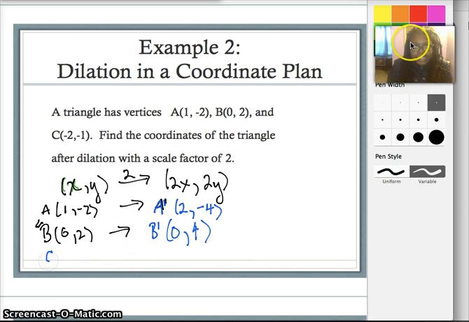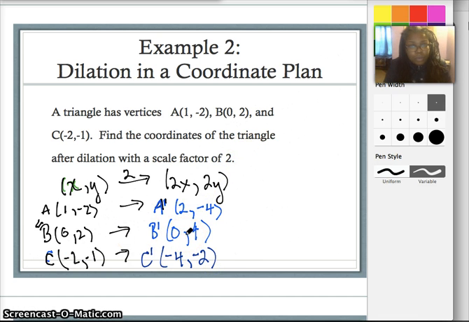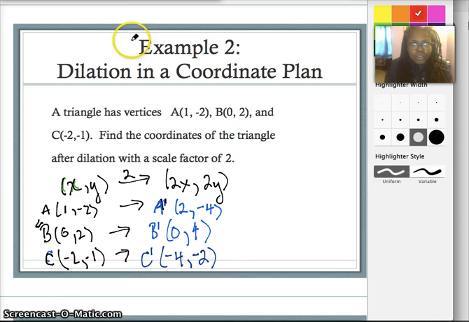And finally, C is given as (-2, -1), so C prime becomes (-4, -2). That's pretty much all we need to do for this problem, really just multiply each term. It's nice that we didn't have to graph it, because graphing is harder when doing this on the computer.